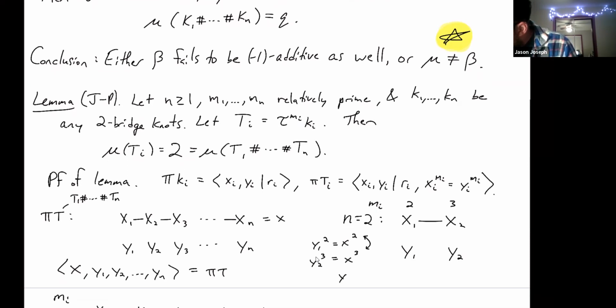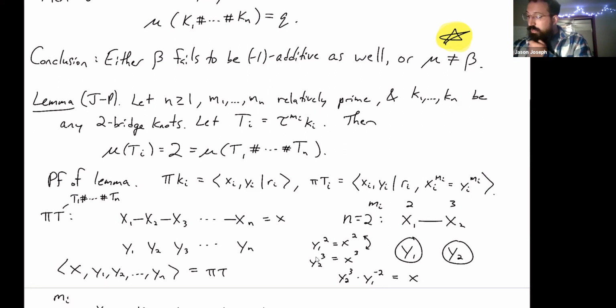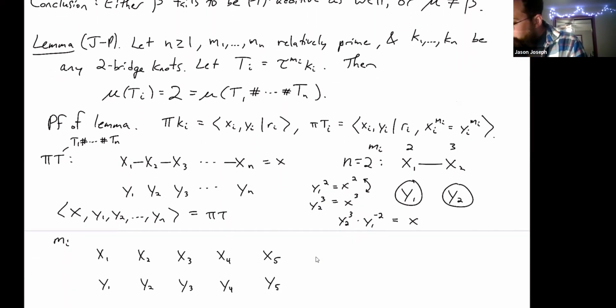So if I do y2 cubed times y1 to the -2, I get x. So I didn't need any x's. All I need are y1 and y2 to generate the group of the connected sum. So that's like the seed idea for what to do in the general case.